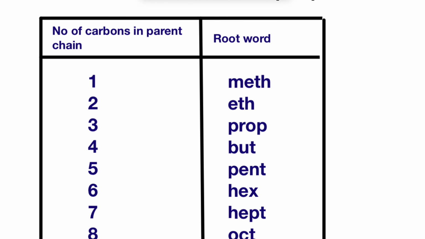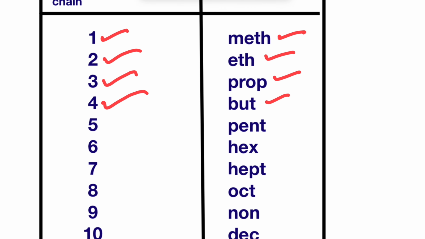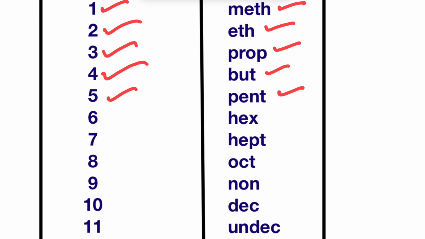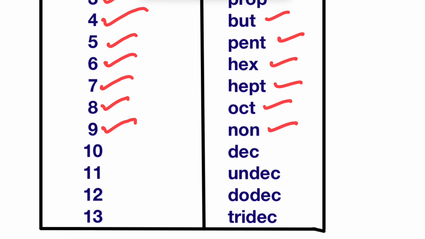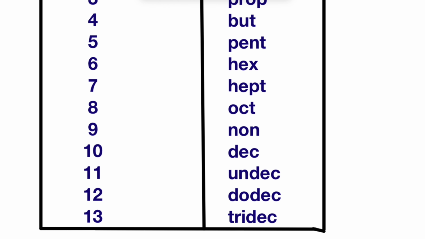If there is one carbon, it is meth, 2 carbons eth, 3 carbons prop, 4 carbons but, 5 carbons pent, 6 carbons hex, 7 carbons hept. In case of 8, it is oct, 9 carbons non, 10 carbons dec, 11 carbons undec. Up to 10 carbons you have to remember.